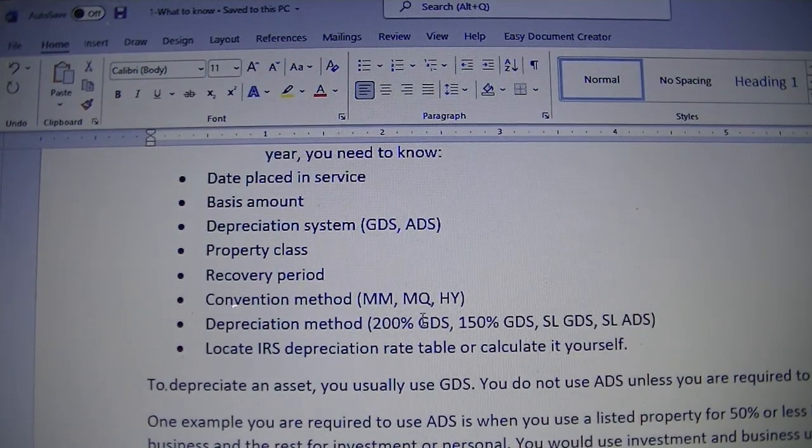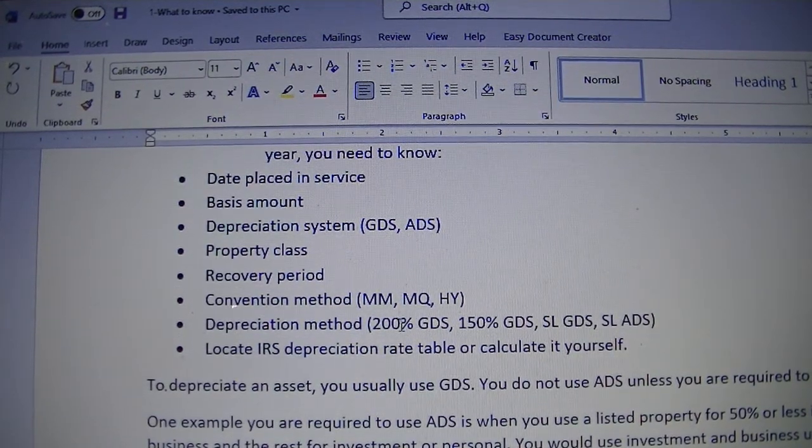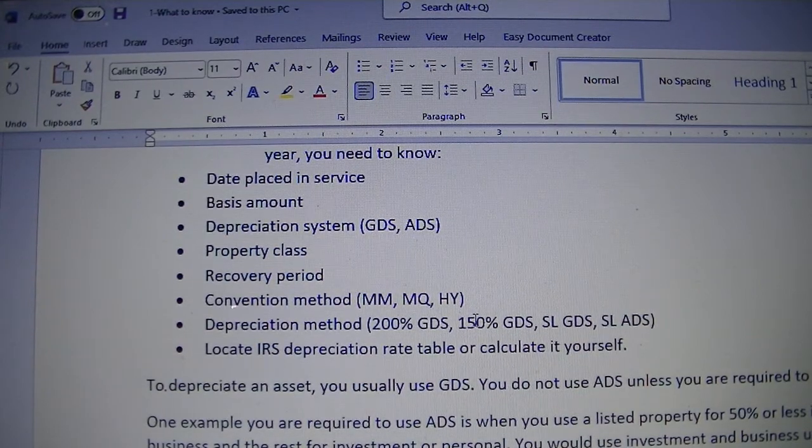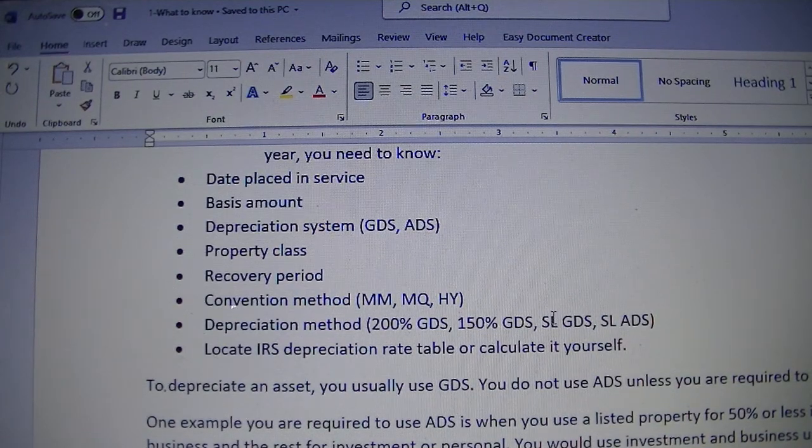If you choose not to use 200% GDS or 150% GDS and you are using straight line because it's giving you a higher deduction for a particular asset, you'll need to use it for all the assets in that class.